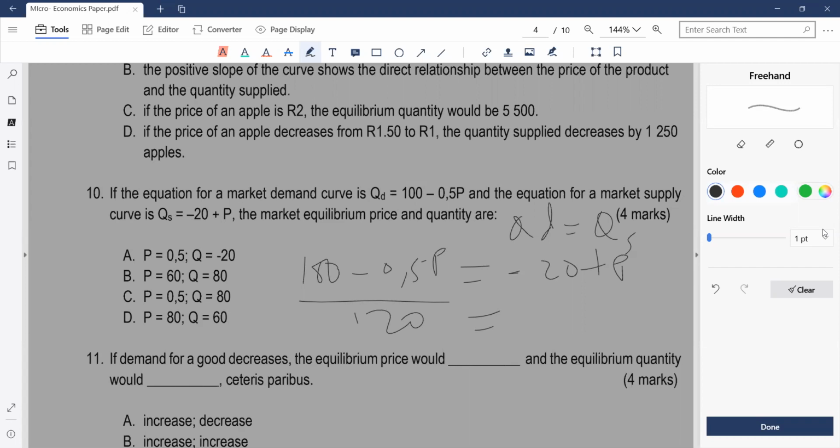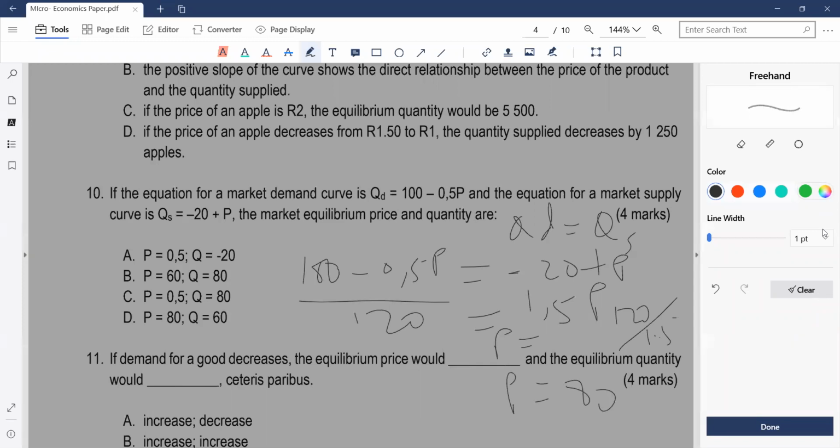So to get P, we say P is equal to 120 over 1.5. What do you get for those that have got calculators? 80. All right, so P is equal to 80.